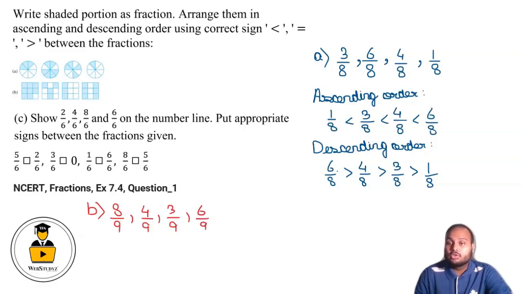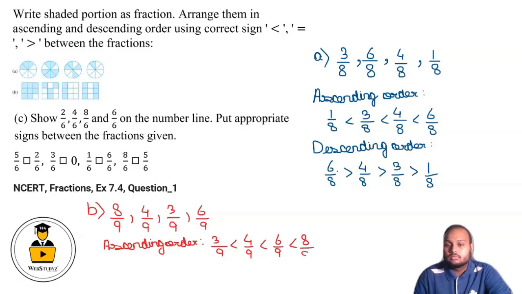In this also we have to mention the ascending and descending order. So let us write first ascending. In ascending order, firstly we would have 3 by 9, then 4 by 9, then 6 by 9, then 8 by 9.